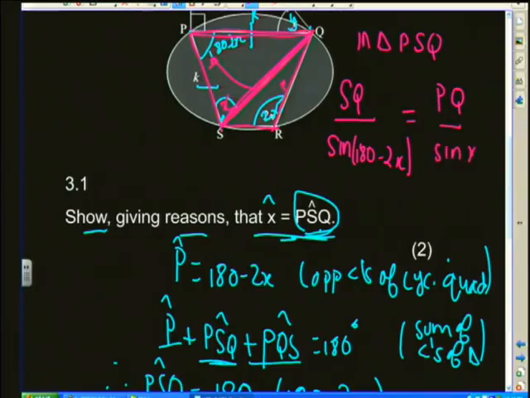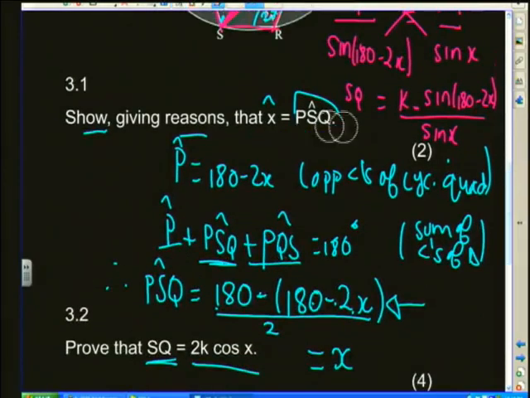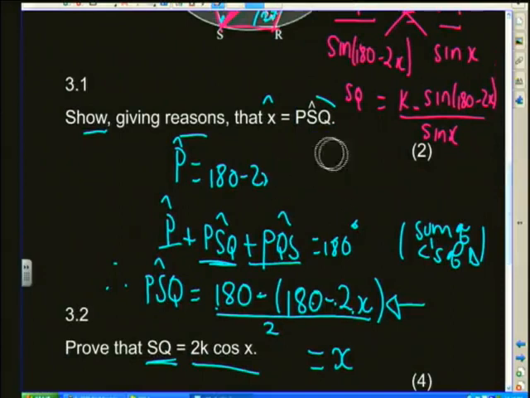So this is straight application of the sine rule. Okay. And the reason I went for PQ and this triangle is we know that PQ is K. So therefore SQ is going to be equal to PQ, which is K, times, I'm cross multiplying, so I'm going to get times by sine 180 minus 2x all over sine of x. All right, and let's just get a little bit more space here so I can fill that in.